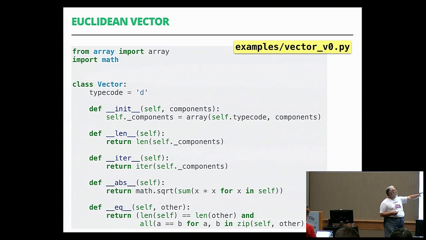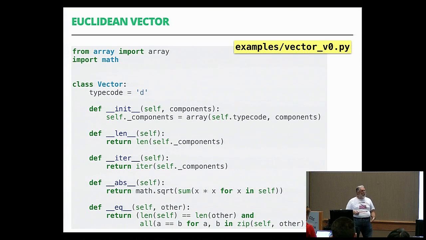Okay, so now we have the components array. So the len: to implement len of a vector, I just delegate to the len of components. The iter method: the dunder iter method is to implement something that is iterable. And so the dunder iter method should return an iterator. There are several ways of doing that, but one way is calling the iter built-in function on an object, and this will return an iterator.